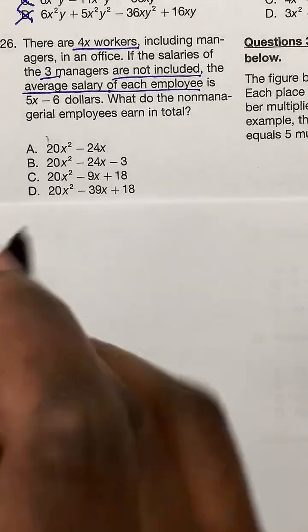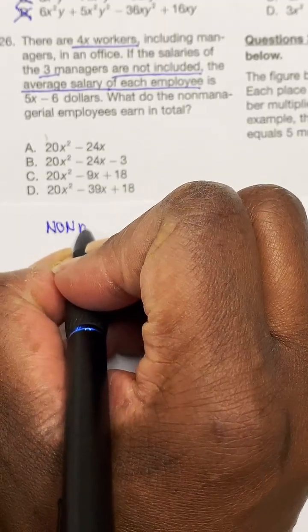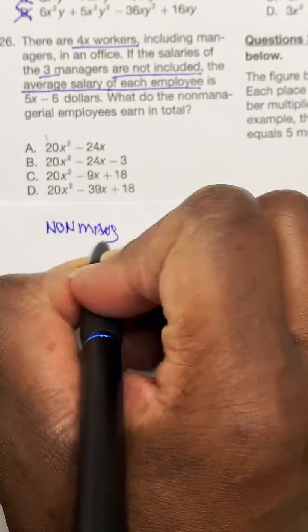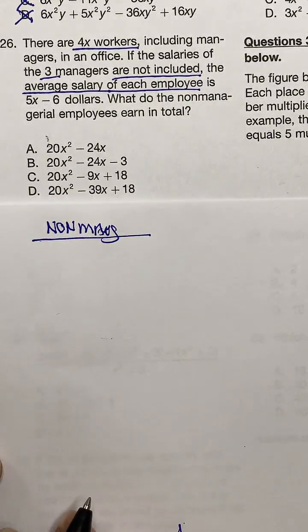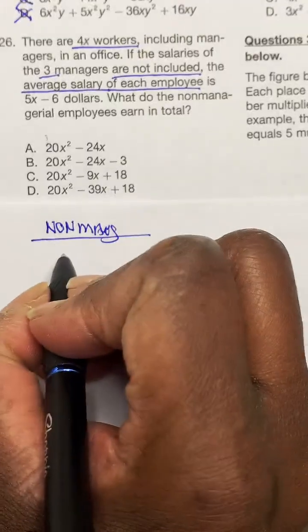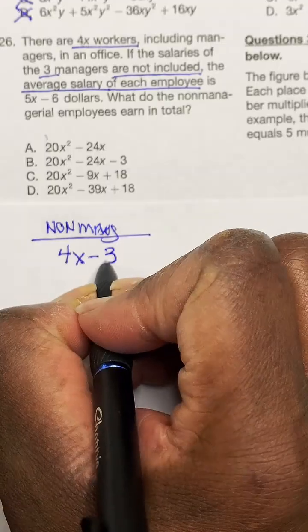So I'm going to write the non-managers. The total number of non-managers, because that's what we're looking for, is the total of workers minus the 3 managers.